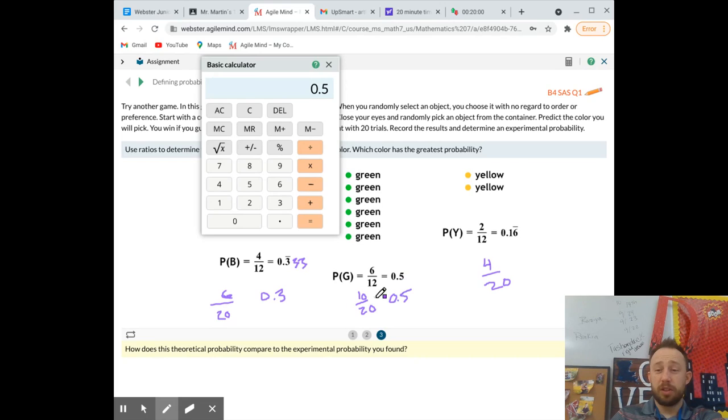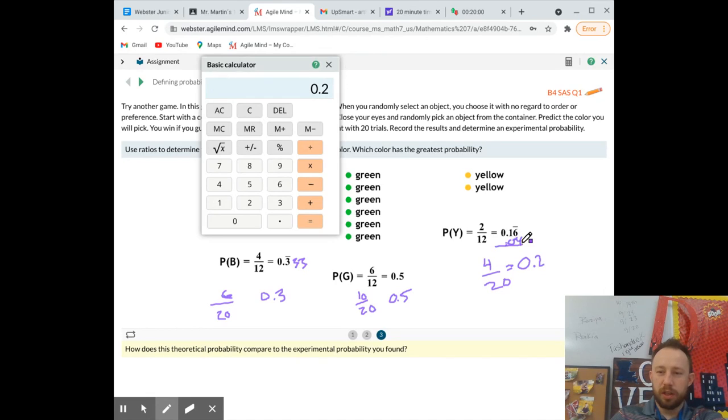And so if those are the same, what's that mean about this? You think it's going to be the same? Yes. It's pretty close. Because that's only 0.04 difference, right? Or 4 hundredths.